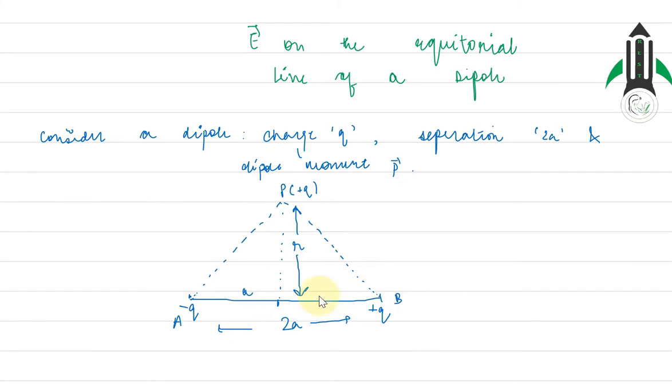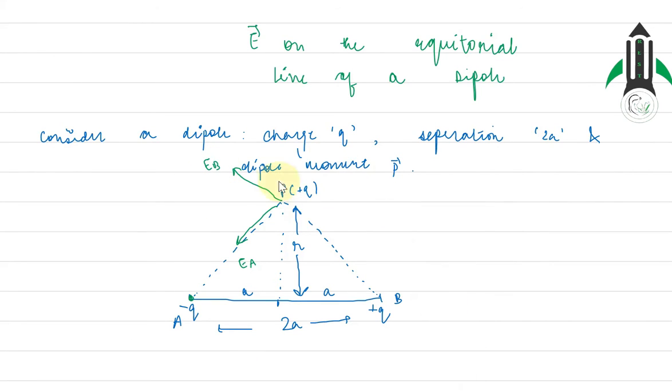So we know this is A and this is also A. So now we can see the electric field due to the charge at A will be directed towards this direction, that is EA, and due to the charge at B it will be directed towards this direction, that is EB.